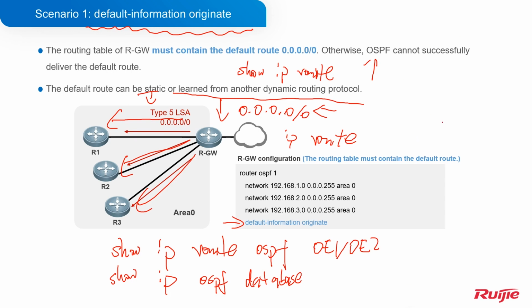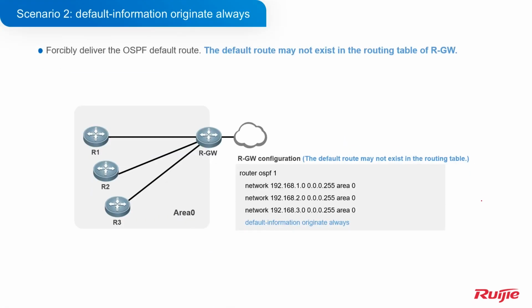Okay, next. Here is scenario 2, and for scenario 2, the command is default-information originate always. For this command, the difference from the last command is that we add the always parameter after the command.